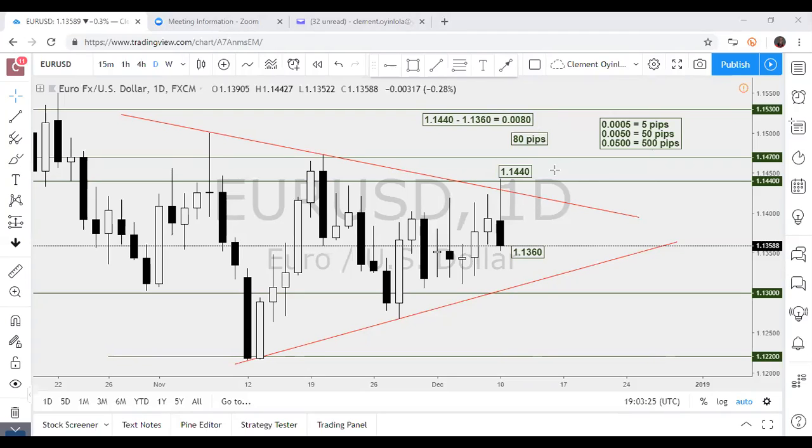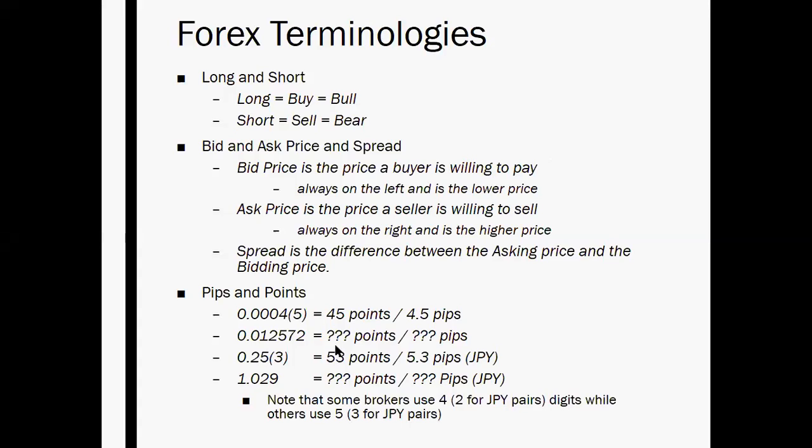Here you have the fourth decimal, which is 4. Some brokers will give you 5 decimal places, while some brokers will give you 4 decimal places. But what you need is the 4th decimal place.